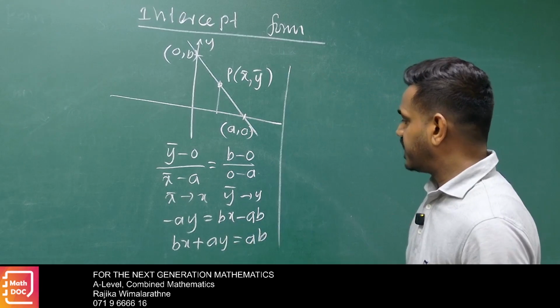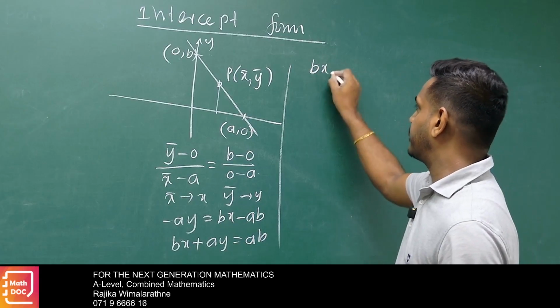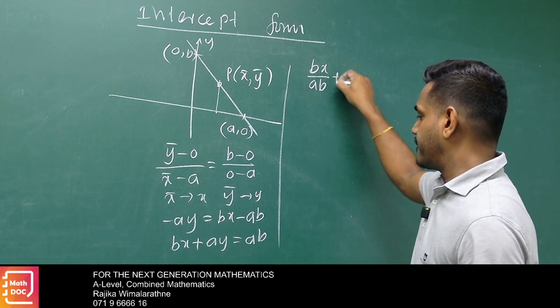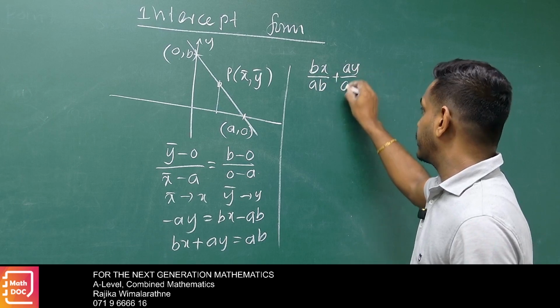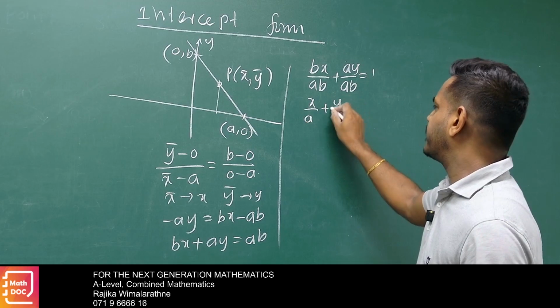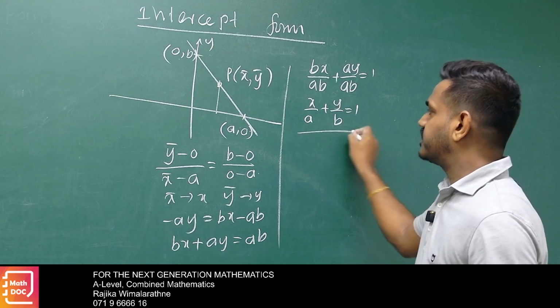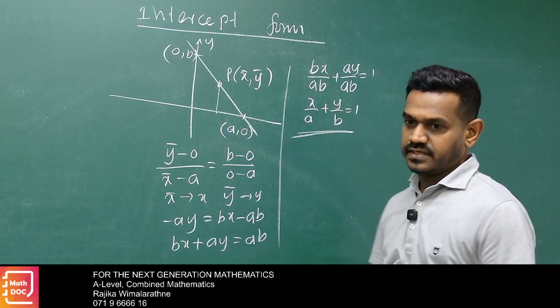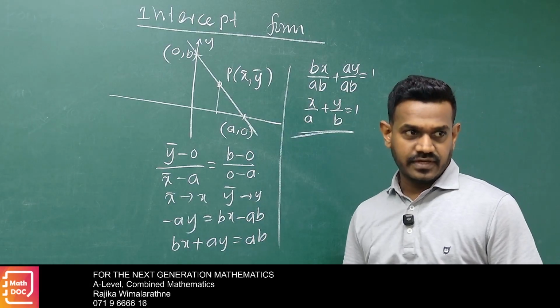Then to remember this pattern, we do this: x over a plus y over b equals 1. X-intercept a, y-intercept b. x over a plus y over b equals 1.